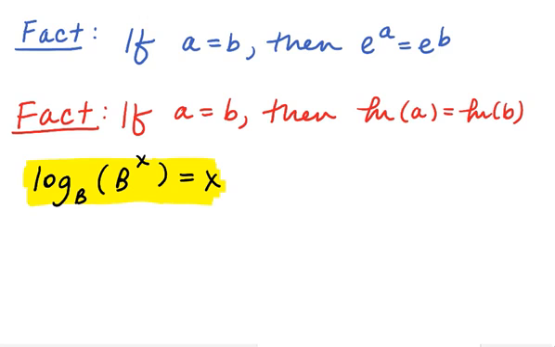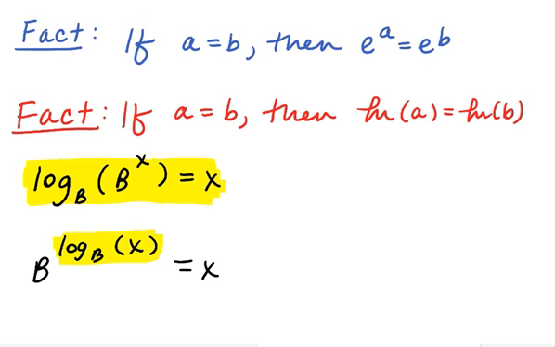The opposite property would be b to the log base b of x, which is also going to be equal to x. Again, y'all would say these undo each other. If you think about just this log that I'm highlighting, that is the special exponent that I put on b to get x.